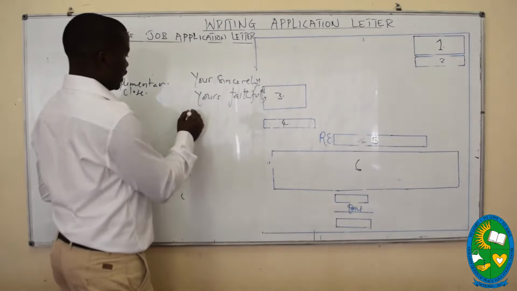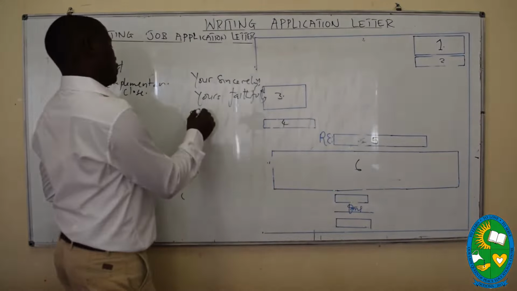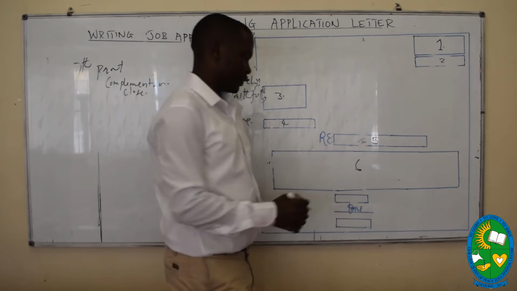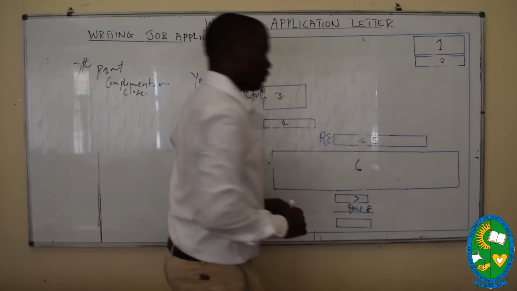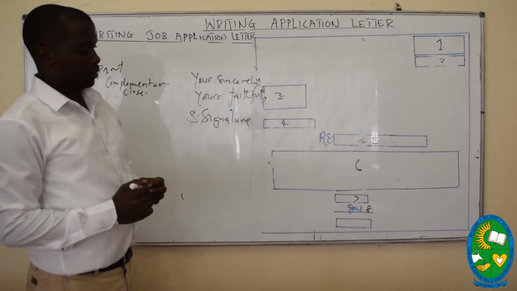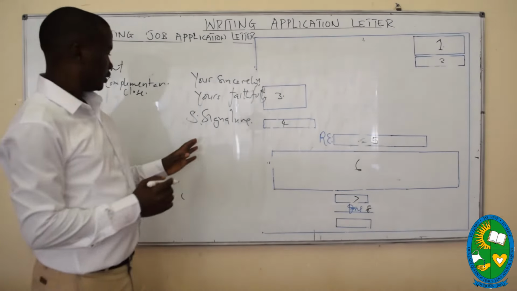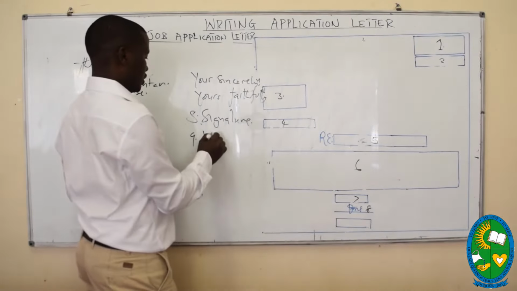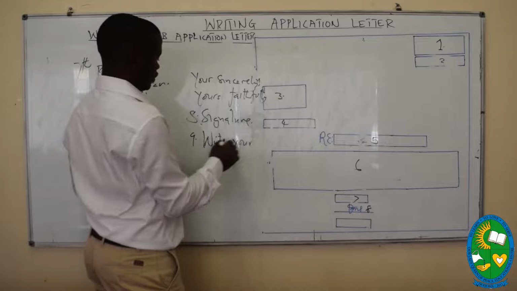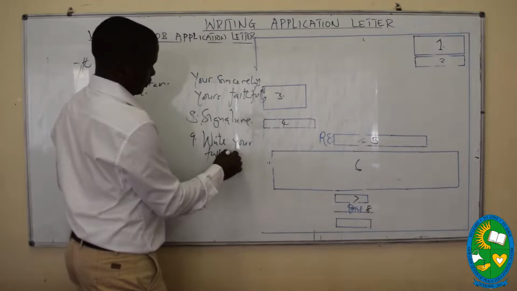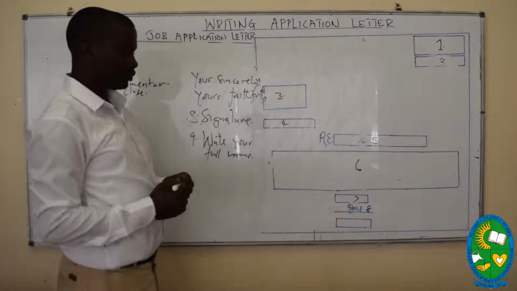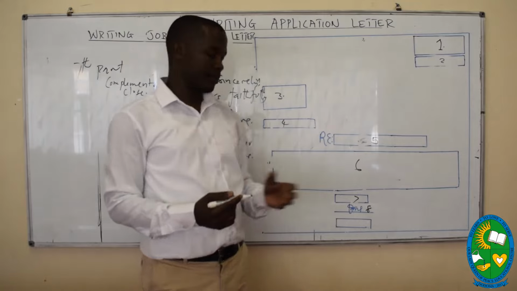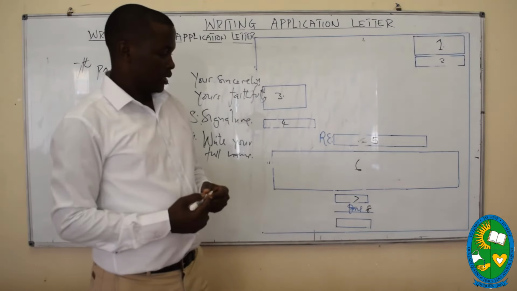So number 8 will be the signature. Then number 9, write your full name. Don't sign after writing your full name. Make sure you write your full name after your signature.